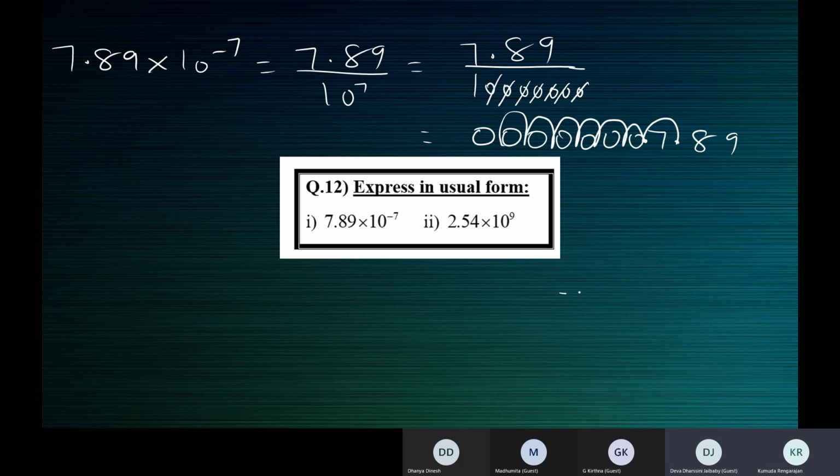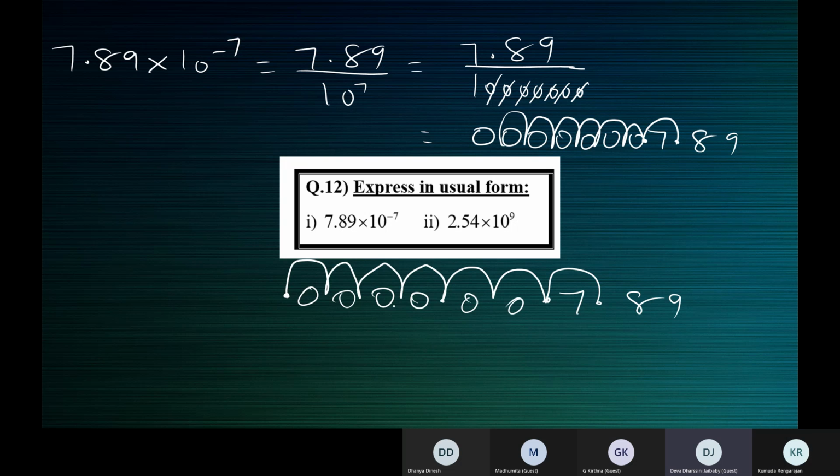Or sometimes students do it like this: 7.89. Decimal point is here.